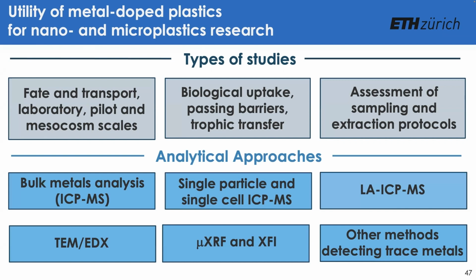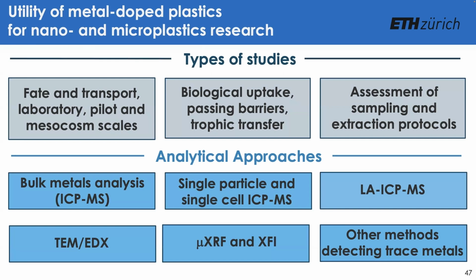So the analytical approaches which we often use are, of course, metals-based approaches, because this is what we're actually measuring: the metal content as a proxy for the plastic. The most typical approach is bulk metals analysis by ICP-MS, where we take a sample, completely digest it through microwave acid digestion, and then look at the concentration of metal as a proxy for the plastic in our sample.